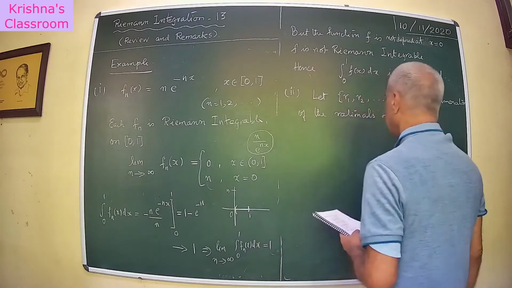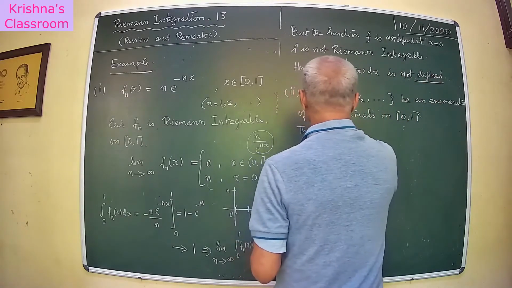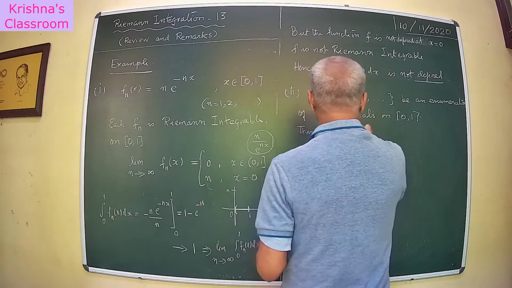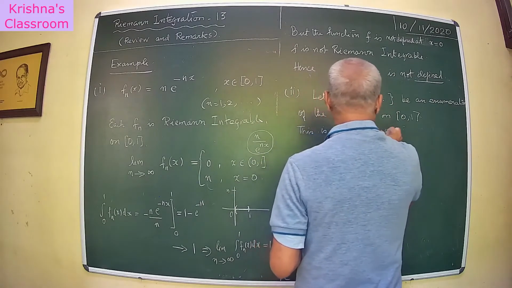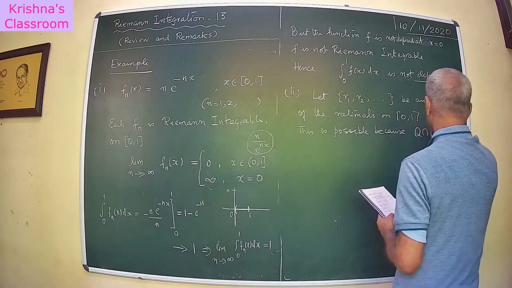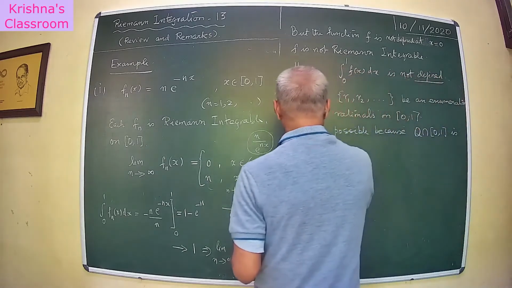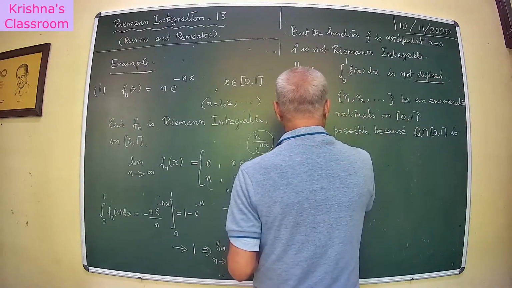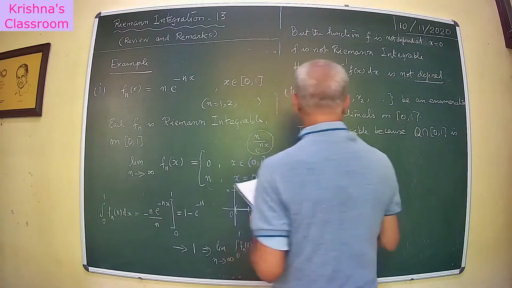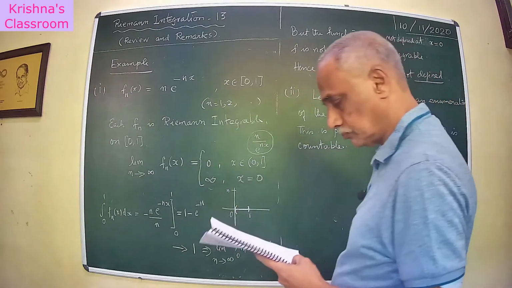This is possible because Q intersect [0, 1] is countable. So take that as an enumeration.